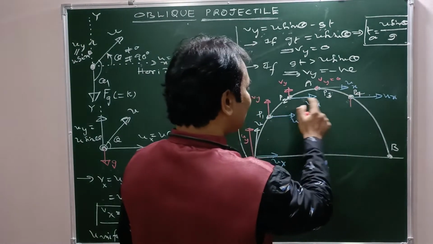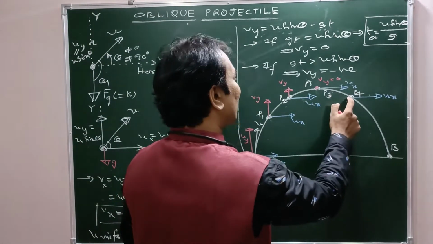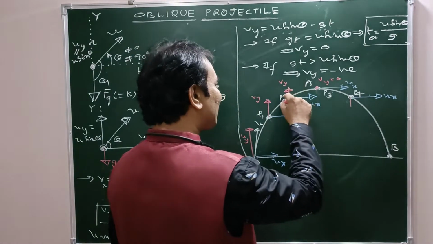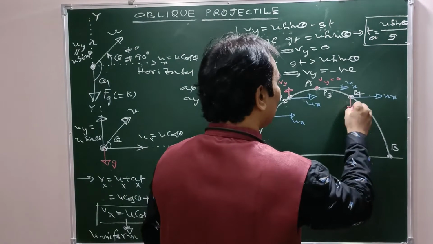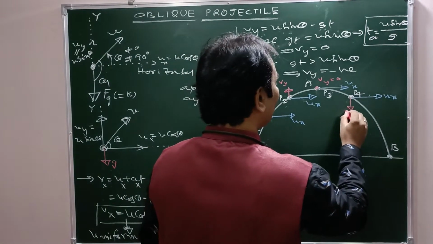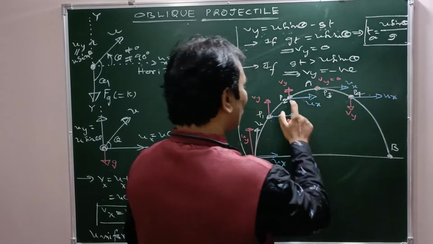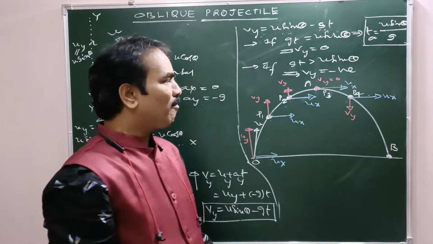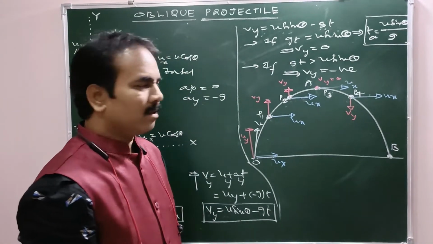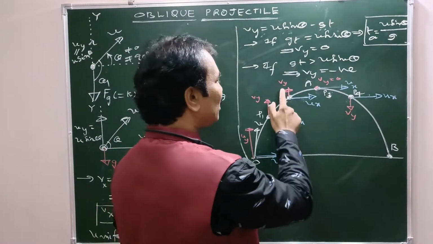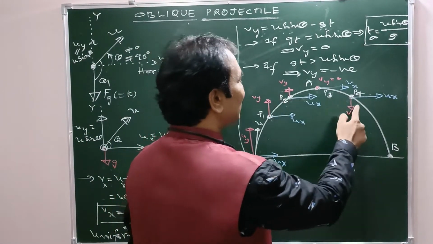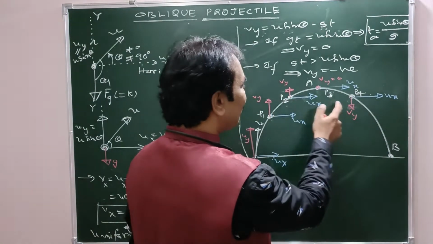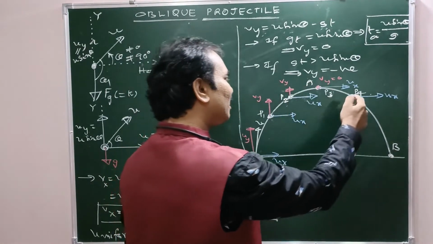As these two are at the same level, you have to draw the vector with the same length as at P2. So this is Vy. So P2 and P4 are at the same level, therefore the vertical component of velocity should have the same length. Direction only gets reversed. It is upwards, it is downwards.